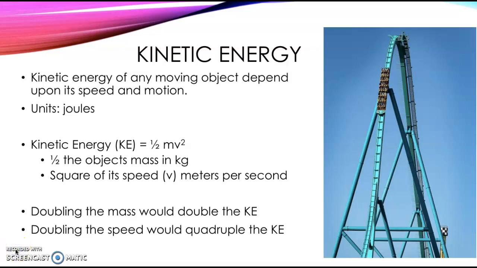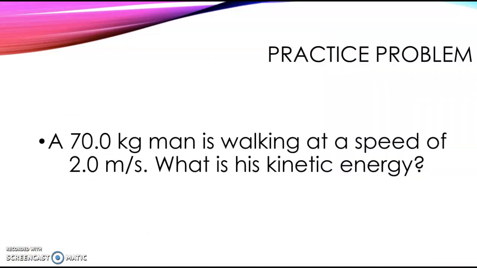All right, let's take the next couple of minutes and do some practice problems. What I want you to do at this point of the video is read the practice problem, pause the video, and then come back and I will give you the answer. Let's review our first practice problem. A 70-kilogram man is walking at a speed of 2 meters per second. What is his kinetic energy?